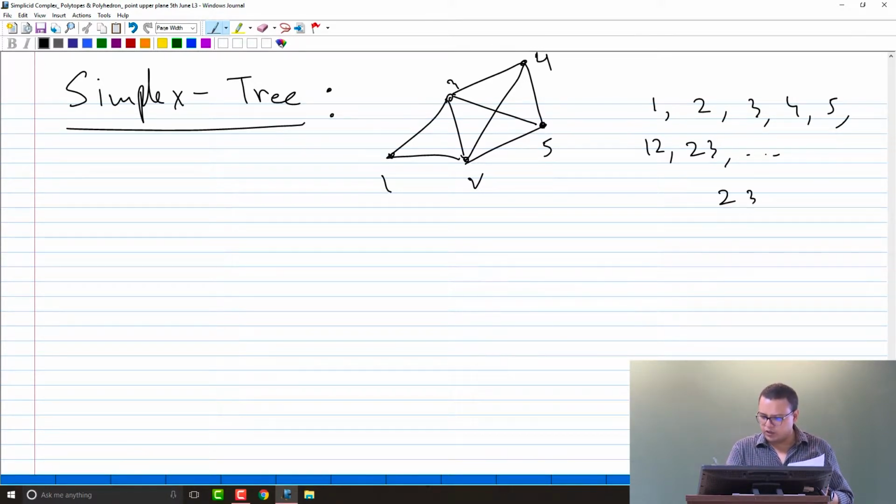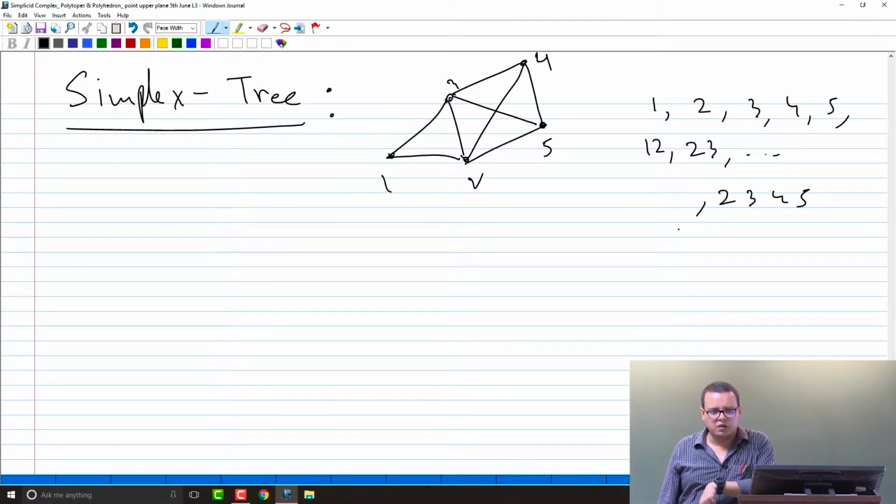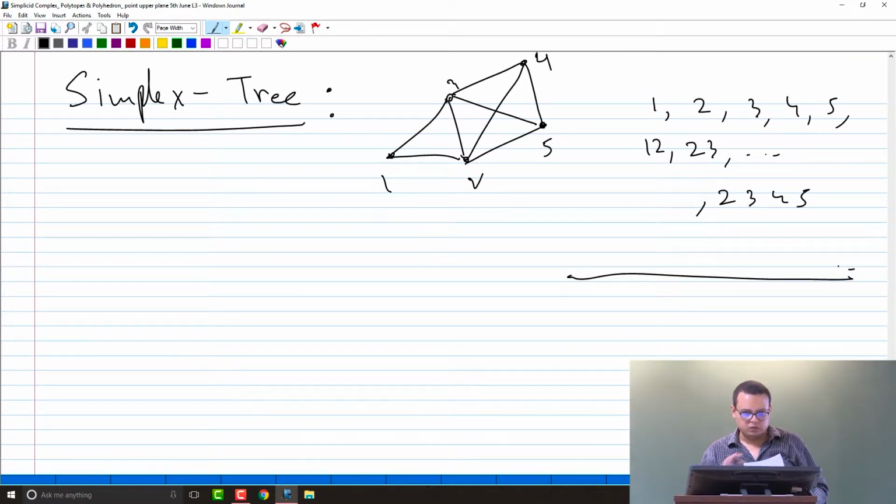So, these are words over an alphabet, right. What is one of the popular data structures to store words over an alphabet? Prefix tree, right. A prefix tree is used, and sometimes it works faster than a Hasse diagram. So, this is how people store it.